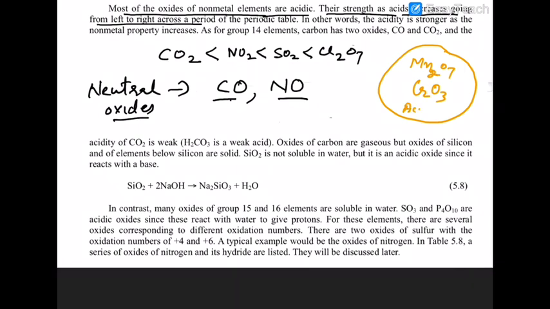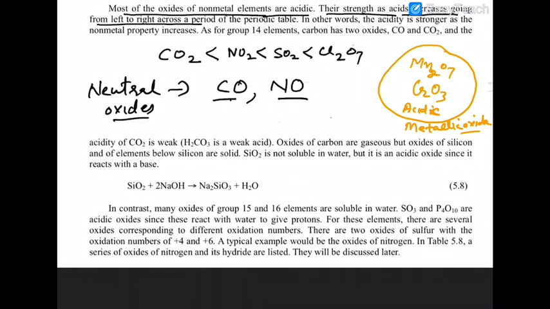Mn2O7 and CrO3 are the only two metallic oxides which are acidic in nature.